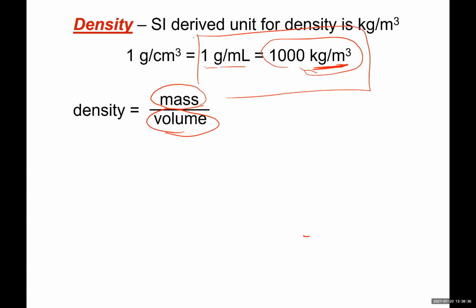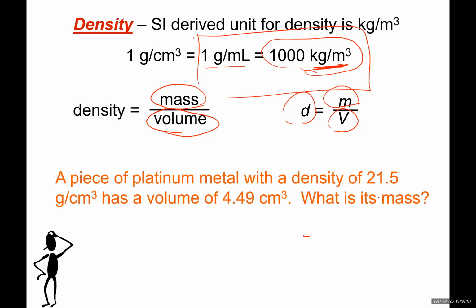So if I give you a simpler formula, can I use D for density is equal to M for mass divided by volume V? So that's a simple formula for density, mass over volume. And if I ask you to solve this problem, we are giving you the density of platinum metal.